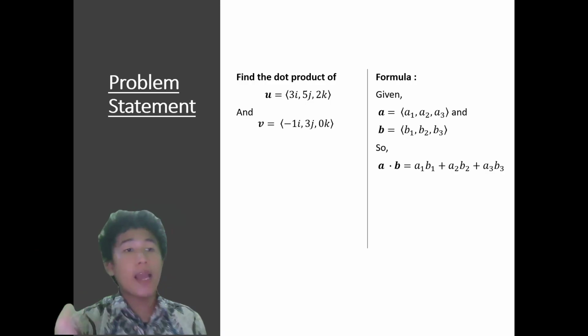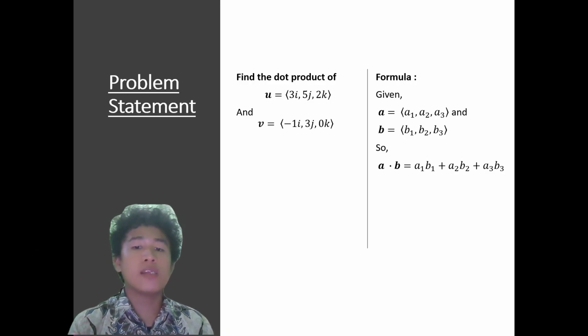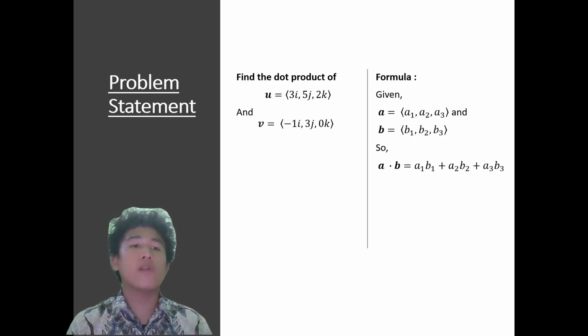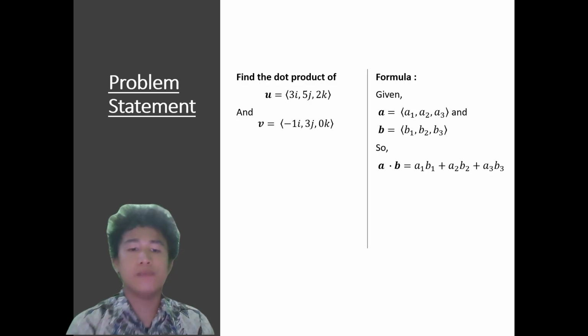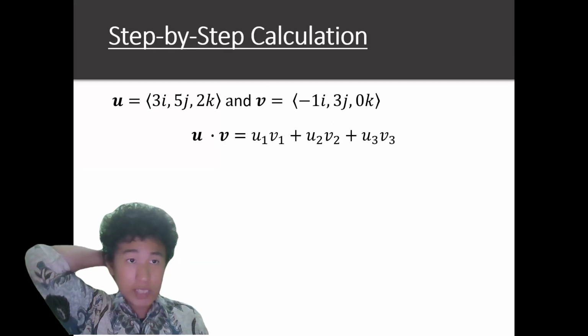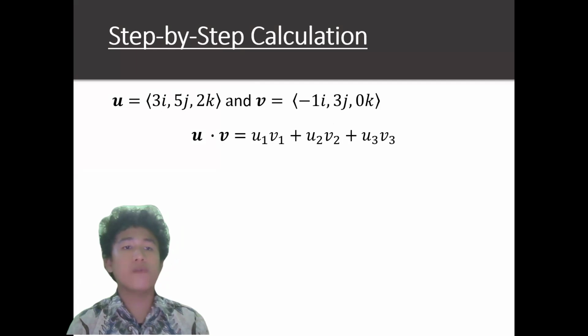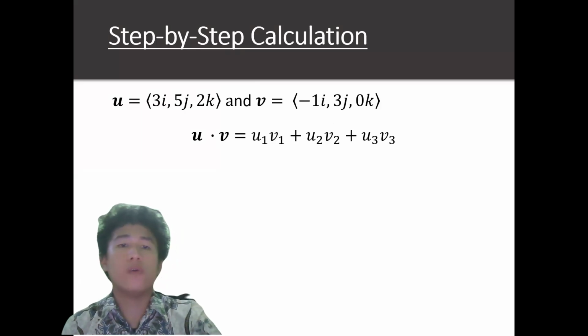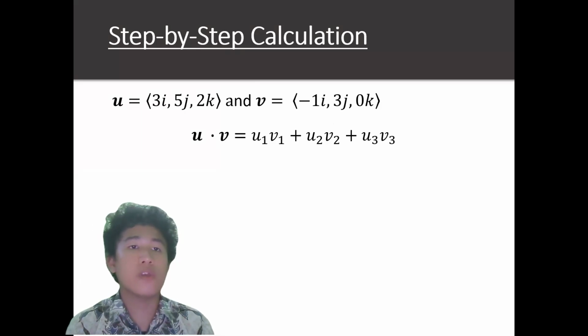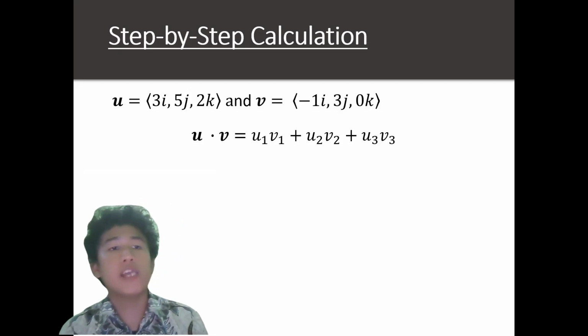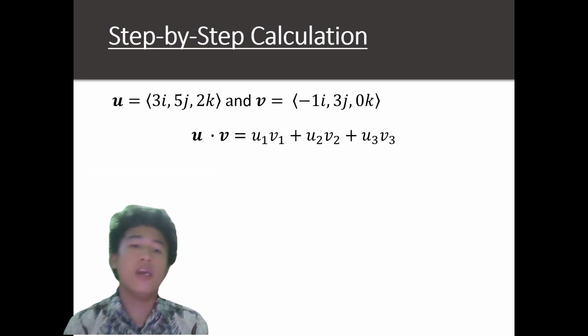Now, let's apply this formula to our actual vectors u and v. As you can see on the slide, we have two vectors, u and v, with vector u equals 3i, 5j, and 2k, and vector v equals minus 1i, 3j, and 0k.